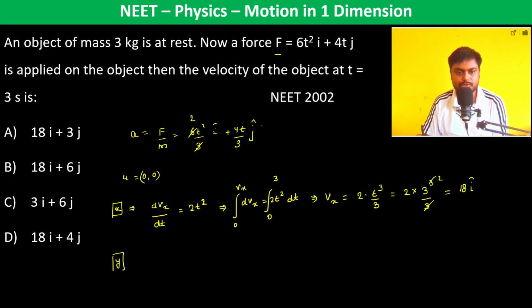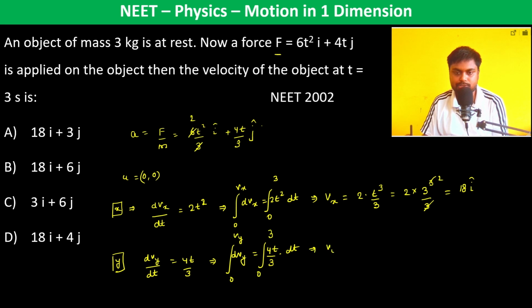In the y direction, the acceleration is 4t by 3. So dvy is equal to 4t by 3 into dt, and we integrate from 0 to 3 seconds.